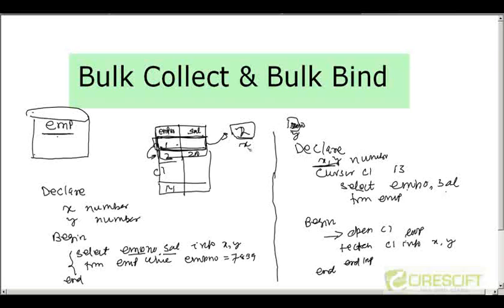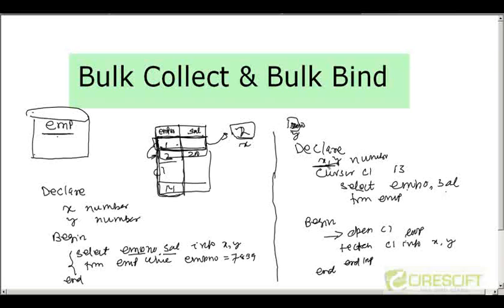But what if there were a way to fetch the entire column into a variable? Since this entire column is multiple values of employee number, it looks like an array, right?